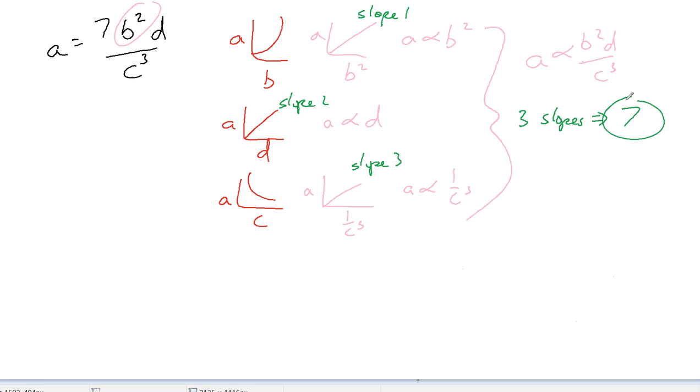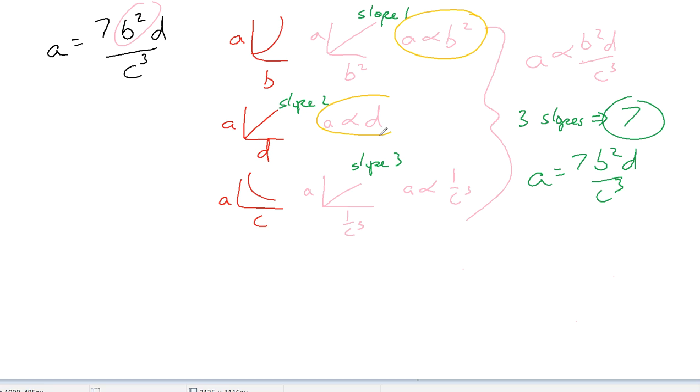And once I have the constant, I could say A is equal to 7 B squared D over C cubed, and that's how it works. This is what is done to make all formulas. Every formula you've ever used in physics, chem.